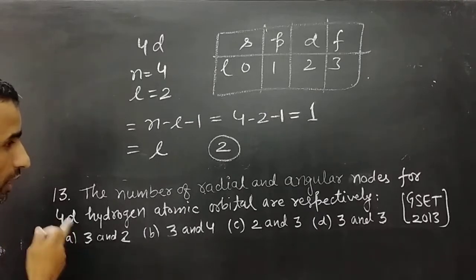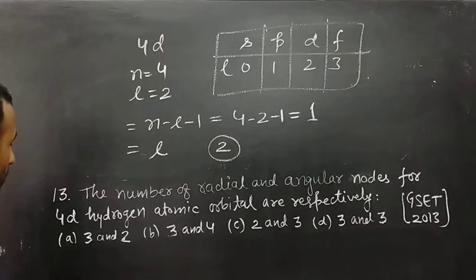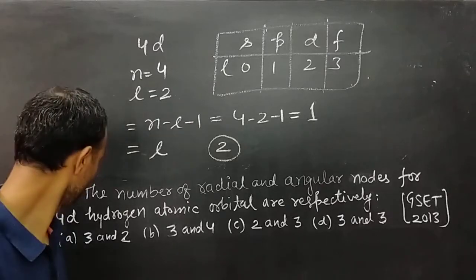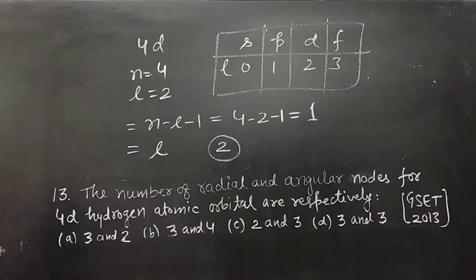Is it 4D? Number of radial and angular nodes for 4D. Yes, it is 4D.